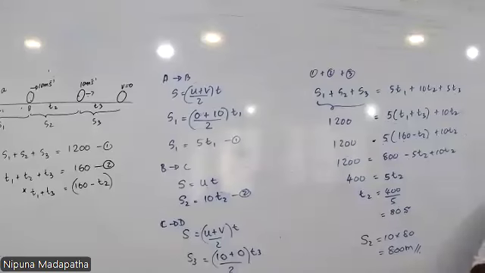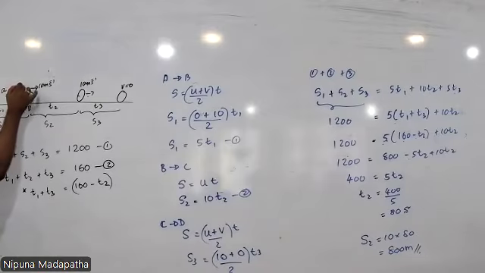Right, next part. If the acceleration is 0.5, find the deceleration.